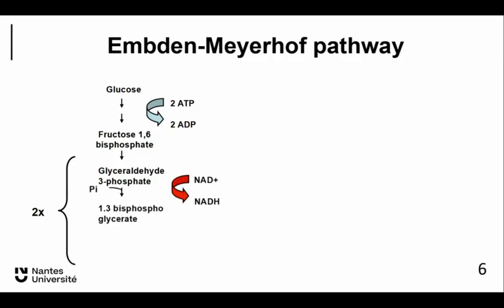Because the next enzymatic step will result in the phosphorylation of glyceraldehyde 3-phosphate by an enzyme called glyceraldehyde phosphate dehydrogenase. So you've got two phosphate groups on this very small 3-carbon molecule, and then they're taken off. And each time you take one off, you can generate 1 ATP.